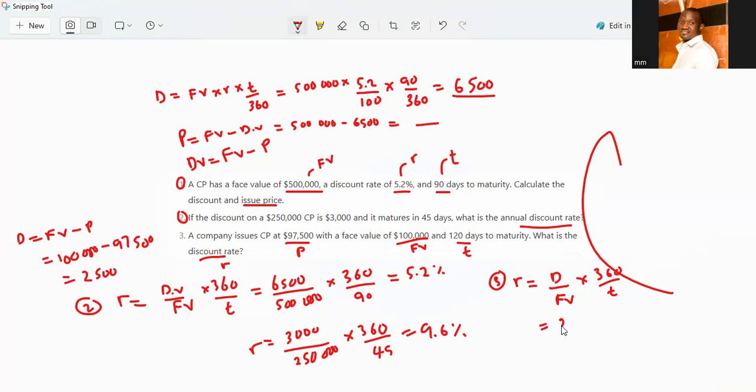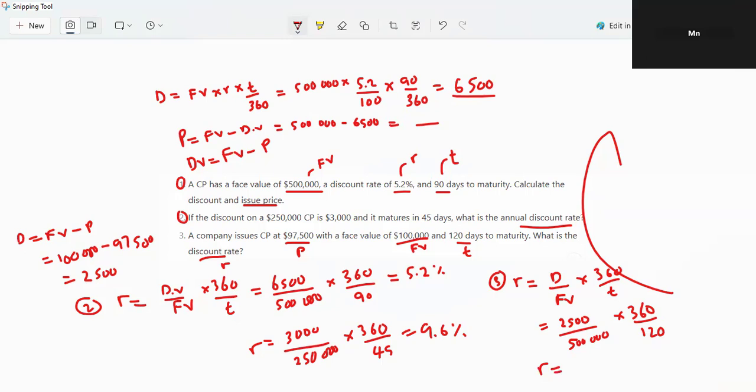So 2,500 divided by the face value, 100,000, times 360 over time. Our time in this case is 120. Is our face value not 100,000 instead of 500,000?